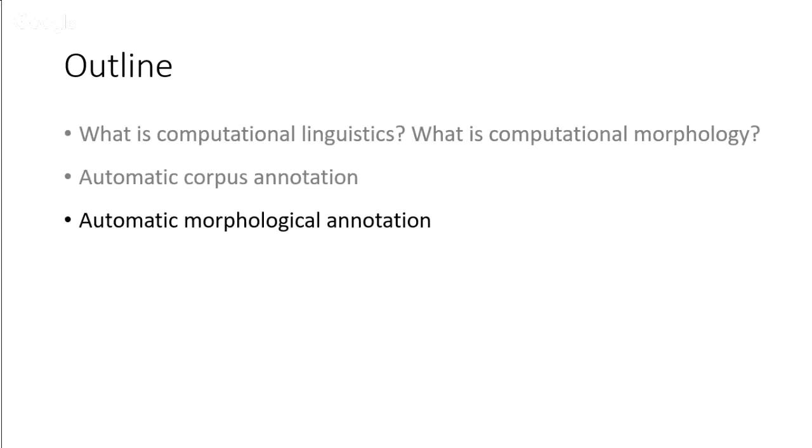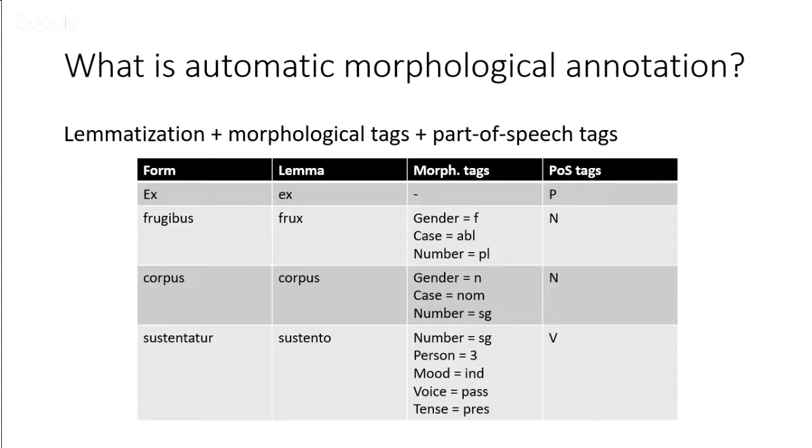So to talk about automatic morphological annotation. As I said, morphological annotation covers three steps: lemmatization, which assigns the dictionary entry to a form; morphological tags, so labels like case, number, gender for nouns, or person, mood, tense, etc. for verbs; and the part of speech tags, which can be as basic as noun, verb, preposition, etc., or can be a bit more specific depending on our choice, really.